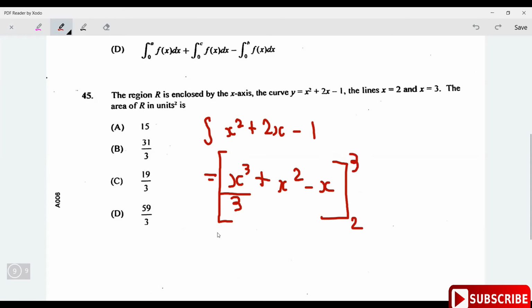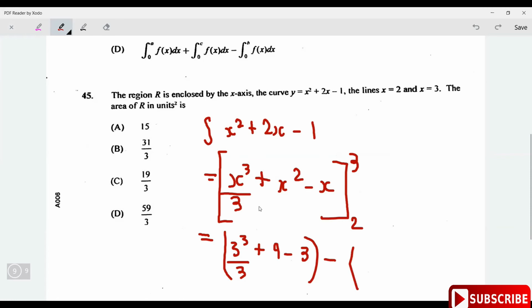And so all you need to do is plug in x as 3. And so what you get is 3 cubed over 3 plus 3 squared, 9, minus 3. Close up that bracket. You plug in your 2 now.